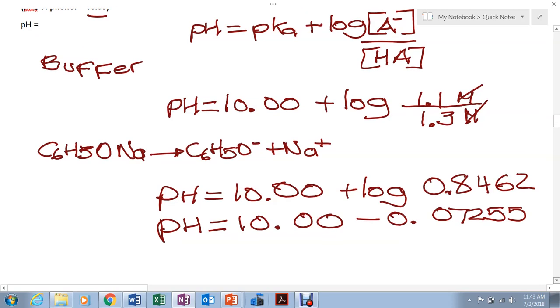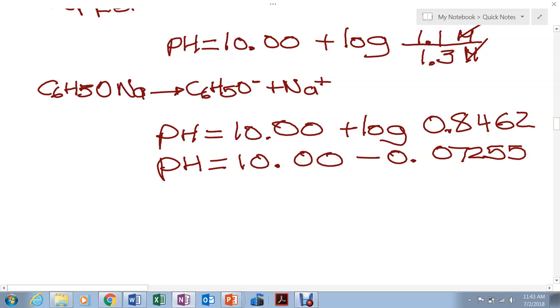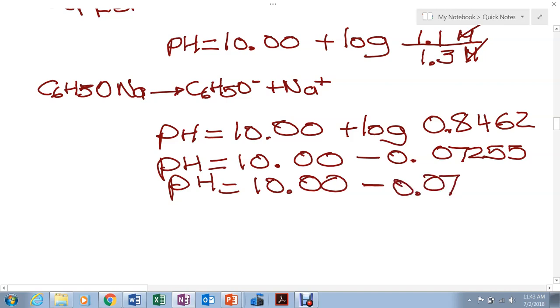As we only have two decimals with the pH, don't forget that, because that happened the other day during the test. 10.00 minus 0.07 gives you 9.93.